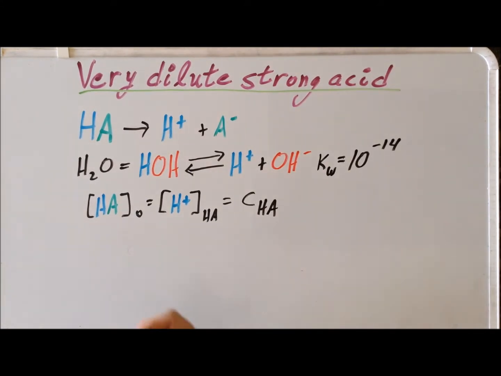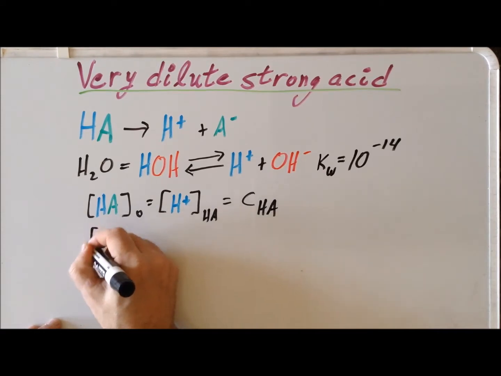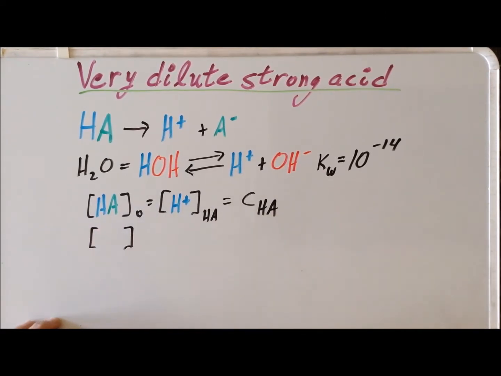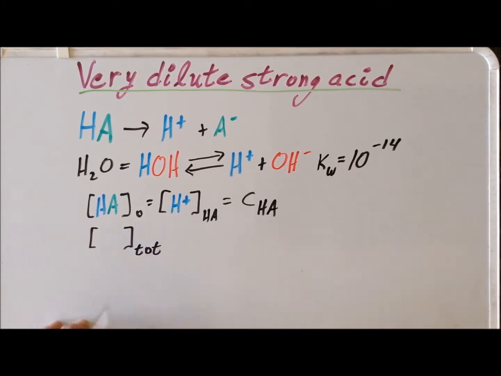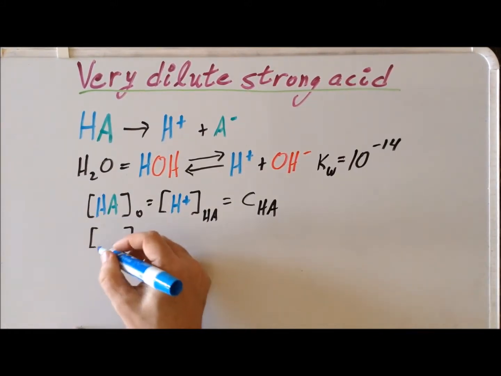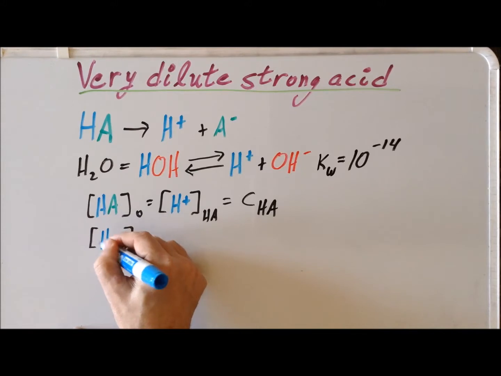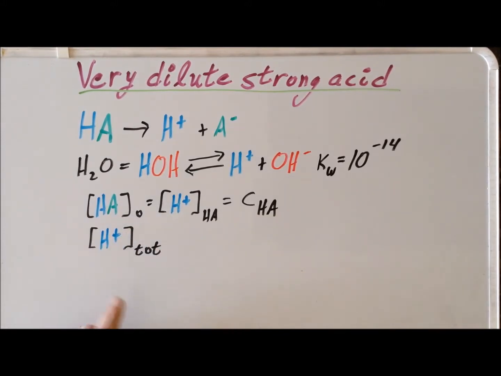Let us also write an equation to remind ourselves that we have two different sources of H+. So the total amount of H+, we're going to write as H+ with a subscript of tot for total.